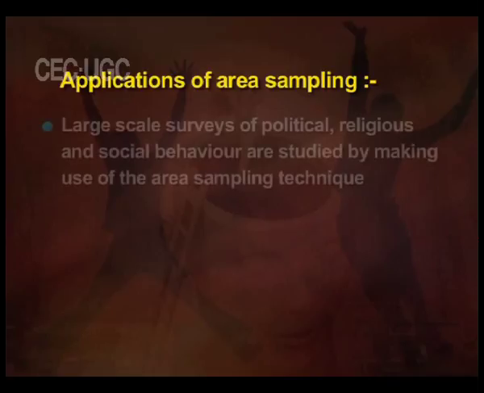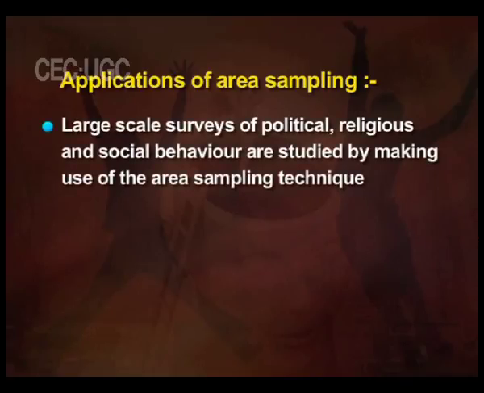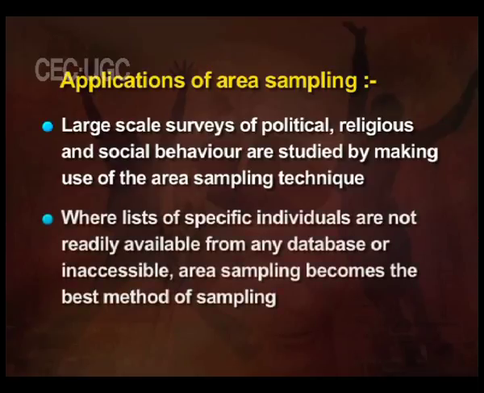Let us look at some of the applications of area sampling. First, large-scale surveys of political, religious and social behavior are studied by making use of the area sampling technique. Second, where lists of specific individuals are not readily available from any database or they are inaccessible, area sampling becomes the best method of sampling.